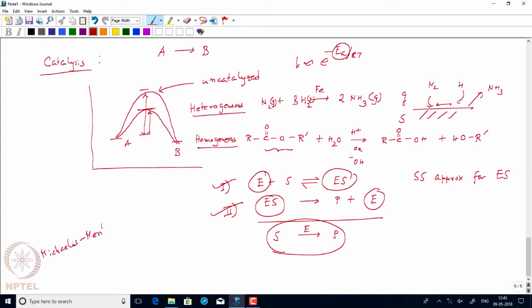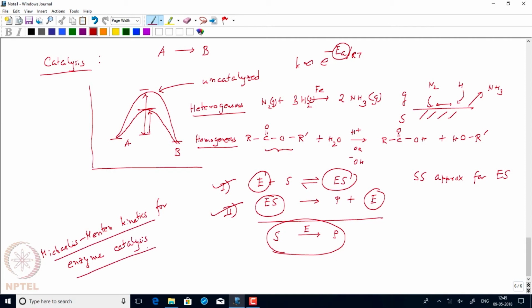So Michaelis-Menten kinetics for enzyme catalysis. You can always go back and have a look at how it looks.